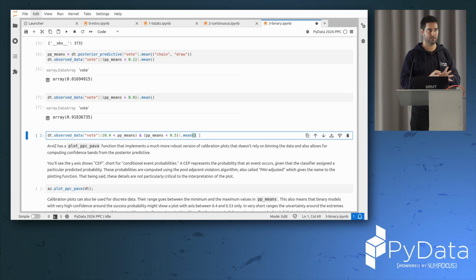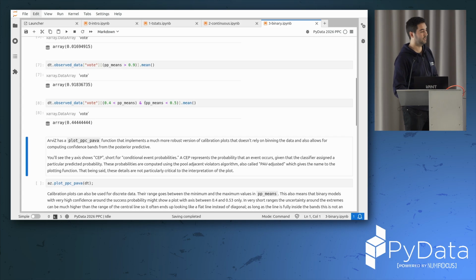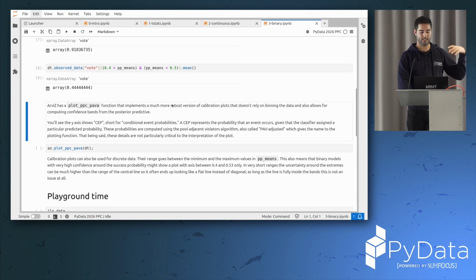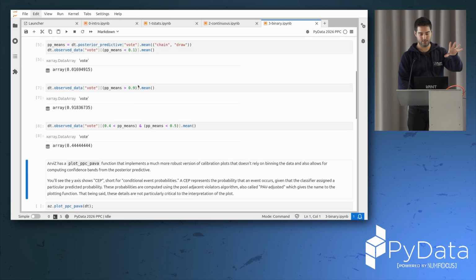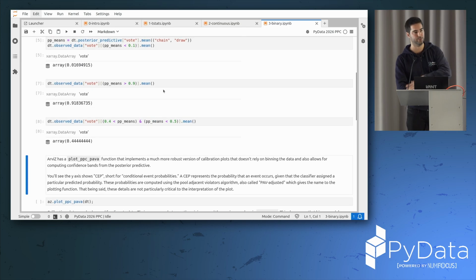Yes? Makes sense to everybody? And in fact, this model is quite good. In ArviZ, we have the plot_ppc_pava function that takes this idea and builds on it through several papers to both make it more robust and also adapt it to these kinds of comparisons with Bayesian results, where you have the distribution for the posterior predictive and the observations and so on.